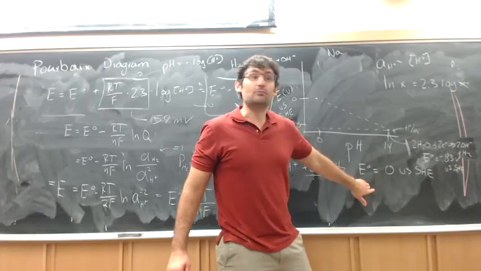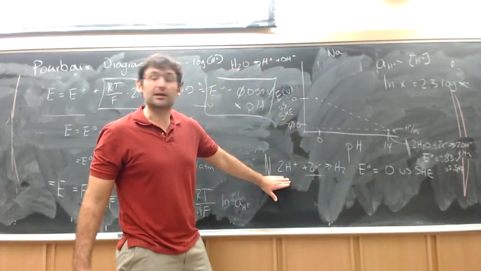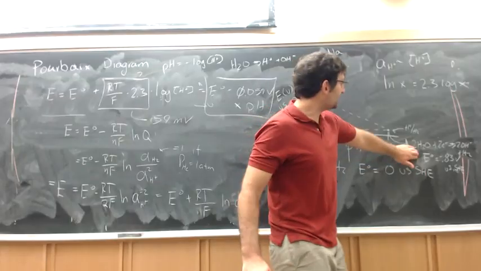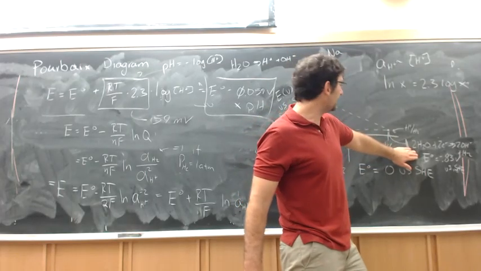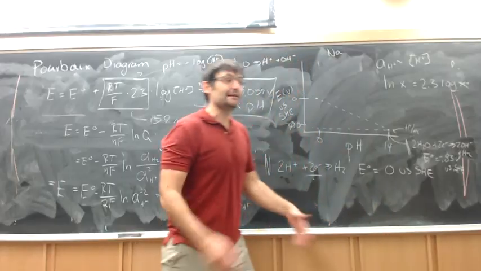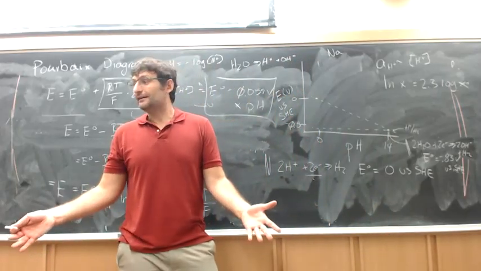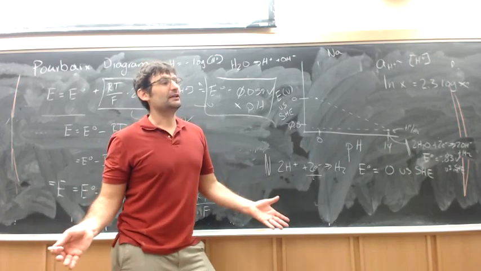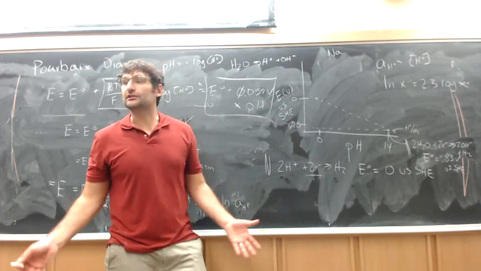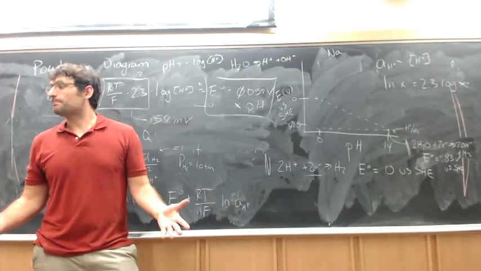Remember, standard state is 1 molar of everything. So by definition, standard state is pH 0, because I have protons in this reaction. And by definition, standard state is pH 14, because I have hydroxide written in this reaction. They're actually the same reaction. They just have different standard state potentials because I wrote them differently. It's purely the notation and how we define the notation.